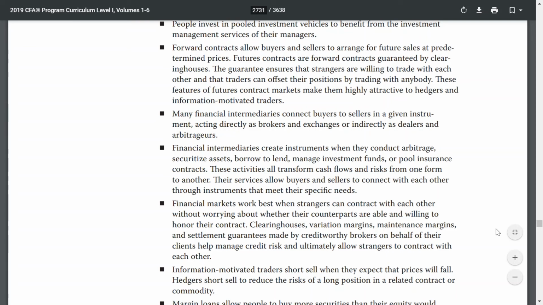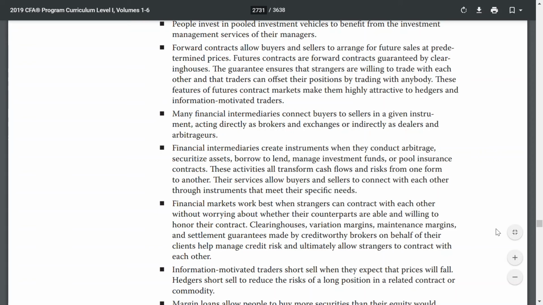Many financial intermediaries connect buyers and sellers in a given instrument, acting directly as brokers and exchanges, or indirectly as dealers and arbitrageurs. Financial intermediaries create instruments when they conduct arbitrage.